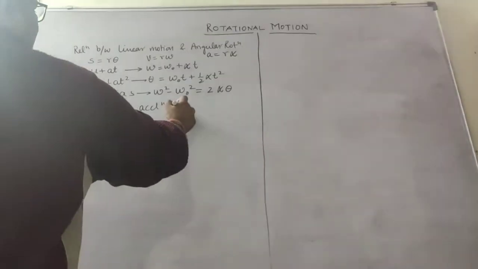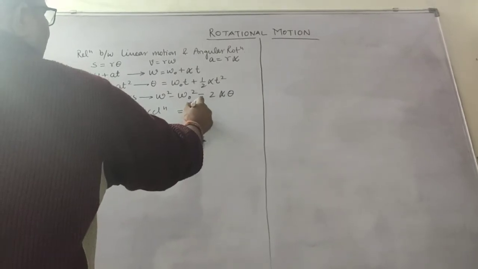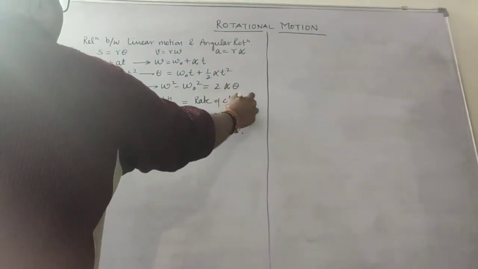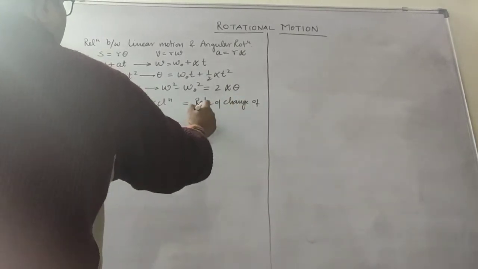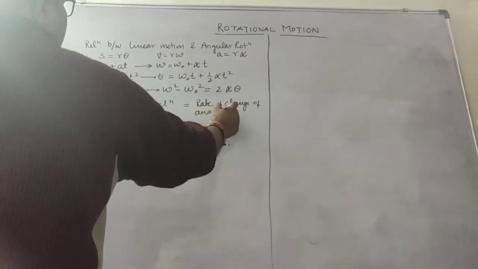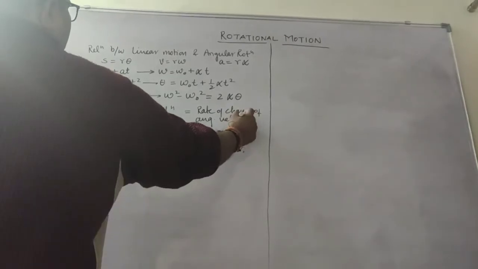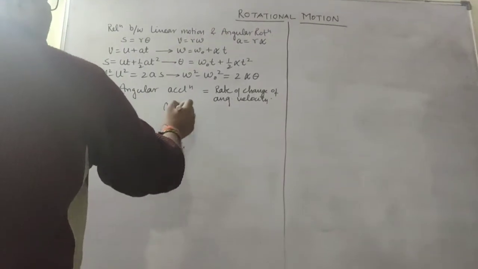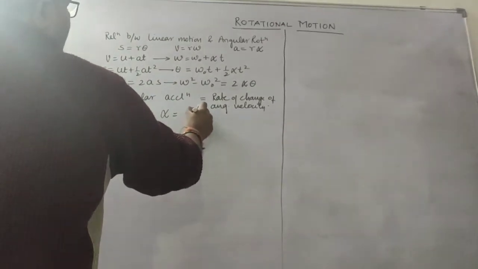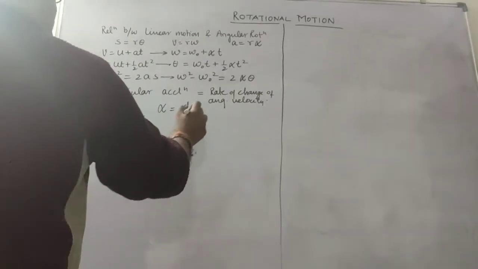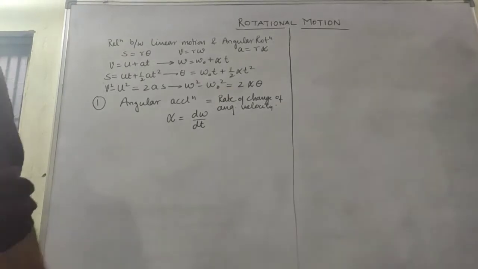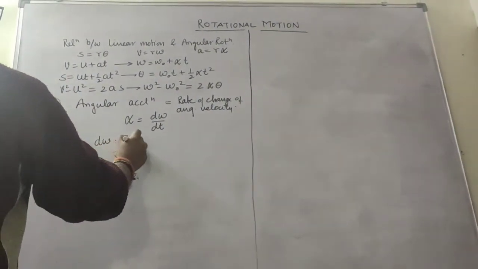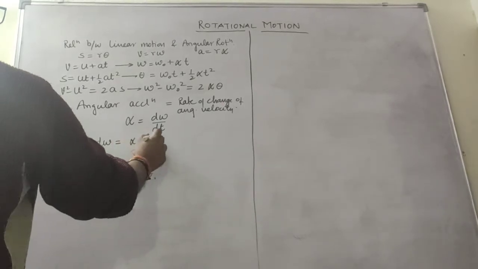Angular acceleration is the rate of change of angular velocity. So angular acceleration alpha is d omega by dt. It's a very easy one. d omega will be given by alpha into dt.